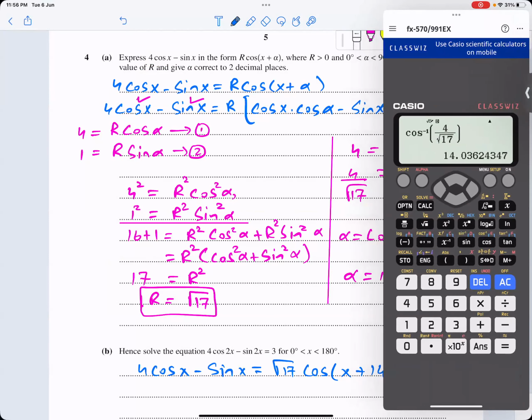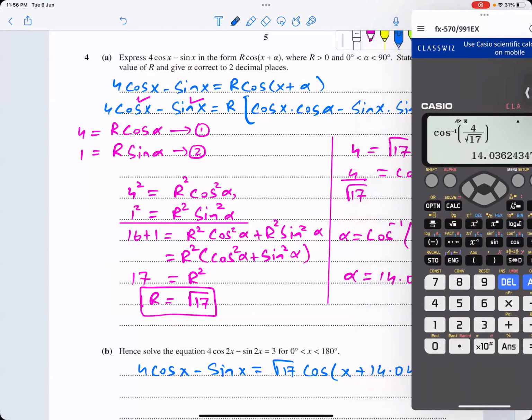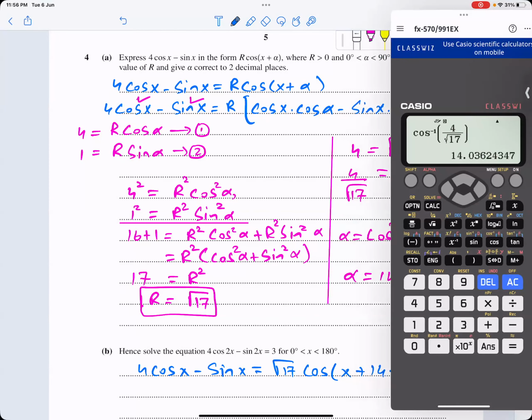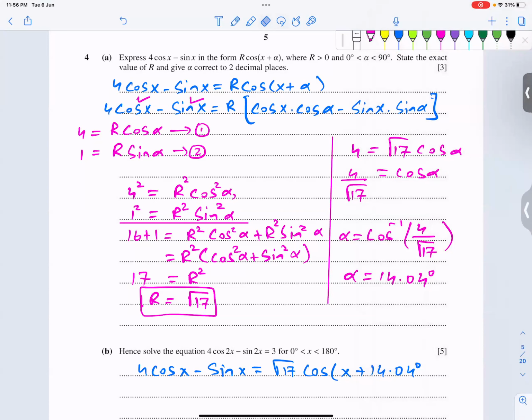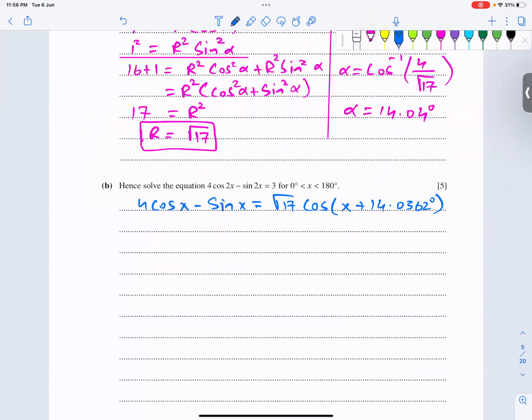But for the second part, you can use it up to 4 decimal places. 14.0362. So I'm writing 0362 so that your accuracy will be maintained. This was the answer for the first part.